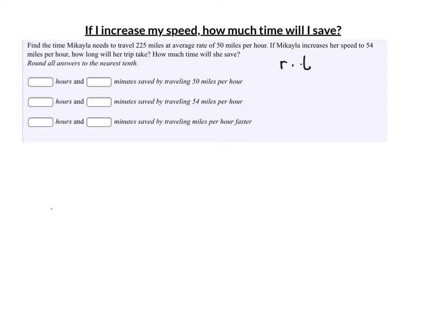Rate times time is distance, so time is distance divided by rate. The distance is 225 miles, and the rate is 50 miles per hour. 225 divided by 50. Ooh, that came out nice. 4.5.